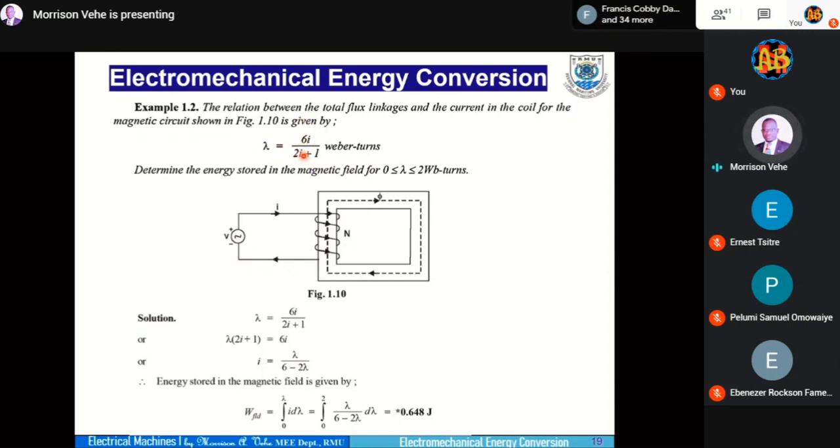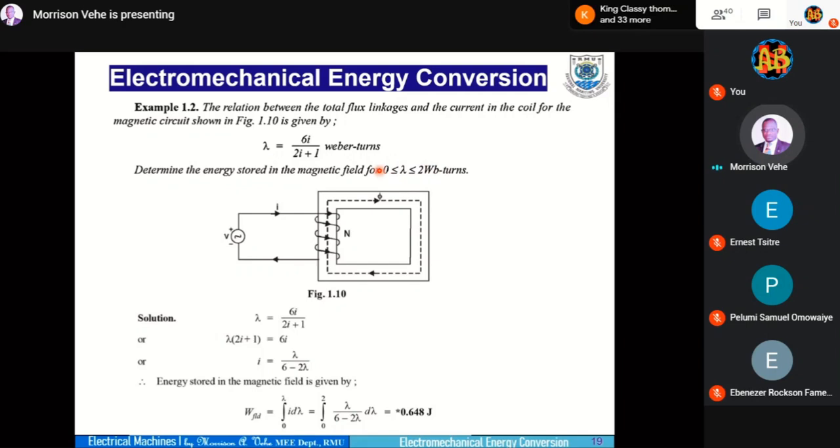That's 6i over 2i plus 1 Weber turns, where i is the current. So if this is the relation, we can determine the energy stored in the magnetic field for lambda between 0 and 2 Weber turns.